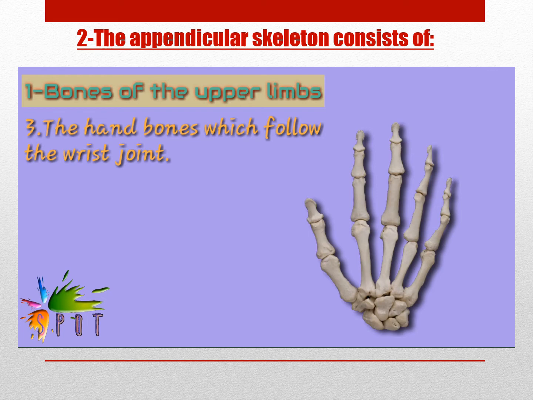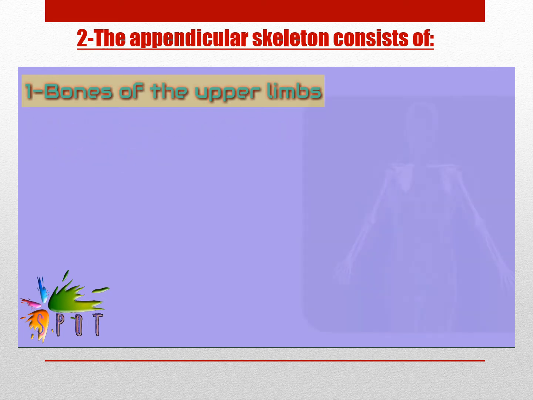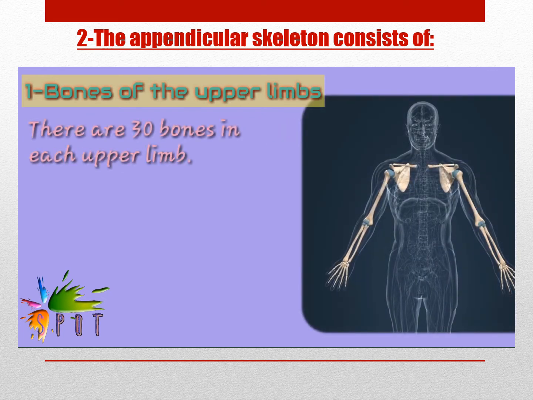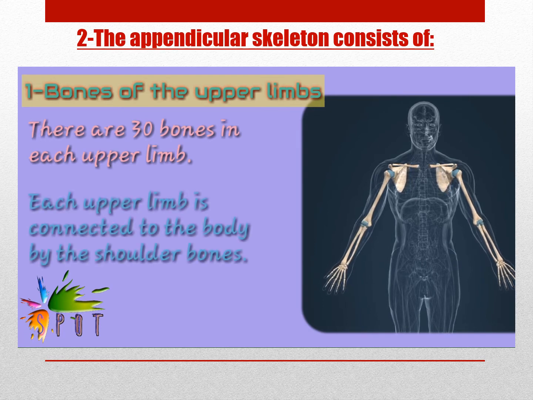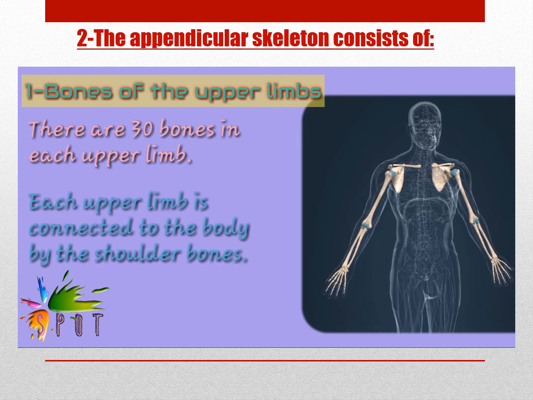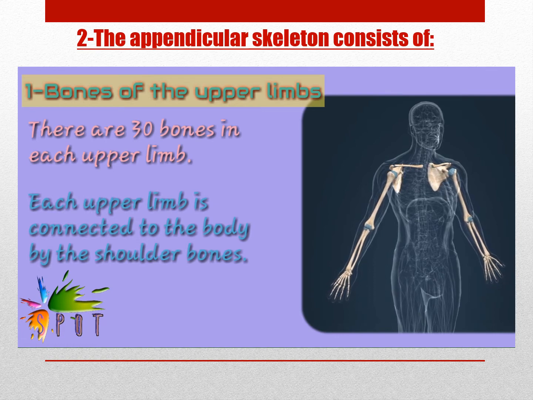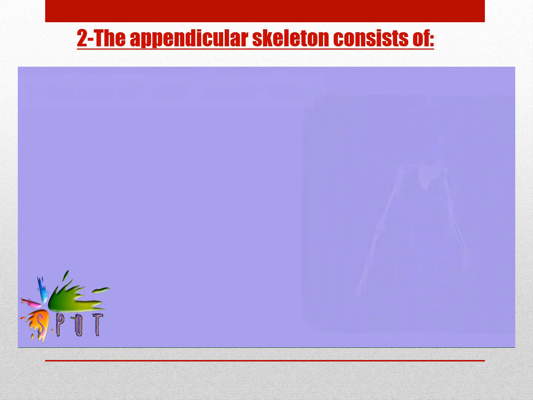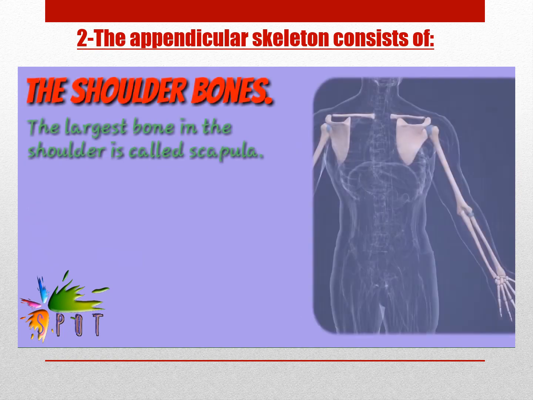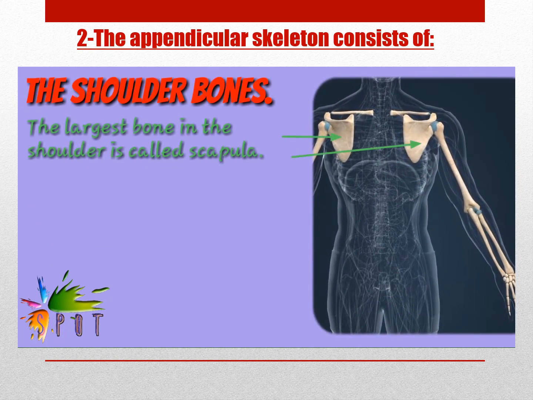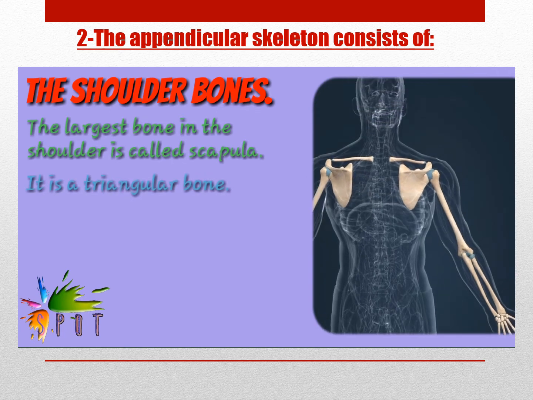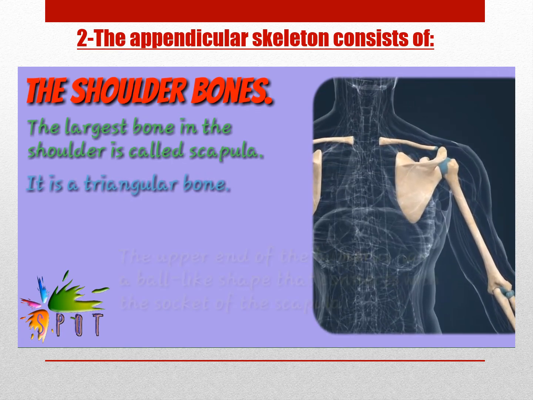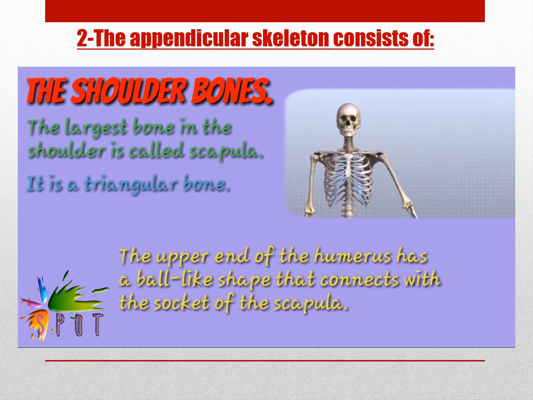Finally, the hand bones. Here we have the shoulder bone. Yes, it's triangular in shape.